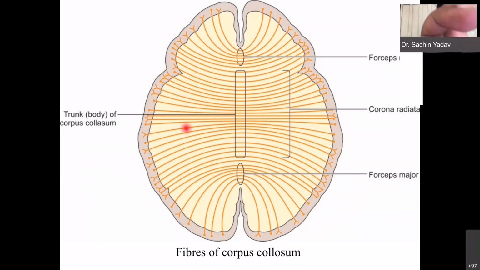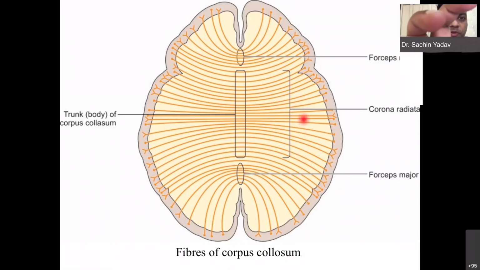These fibers going toward or coming out of the cerebral cortex form a pattern like this, converging and diverging, and are known as the corona radiata. There is a frontal part, parietal part, occipital part, and temporal part. So remember this corona radiata.